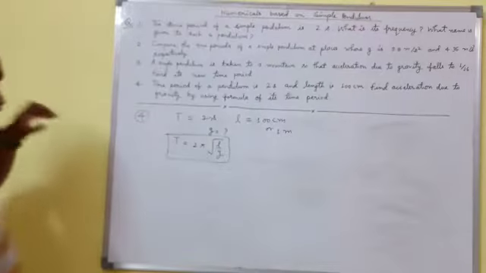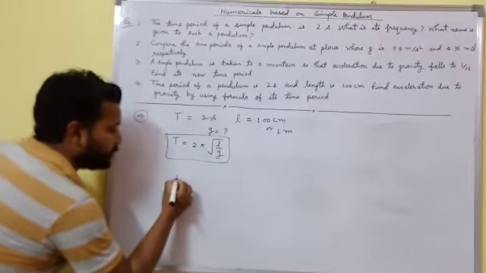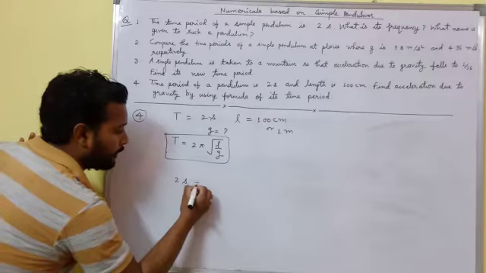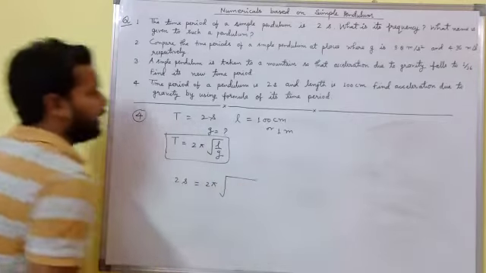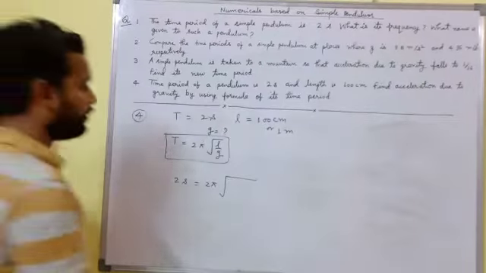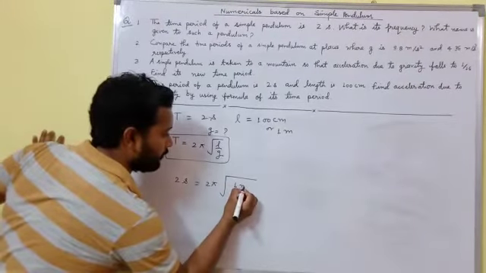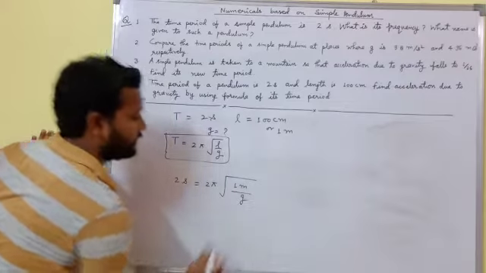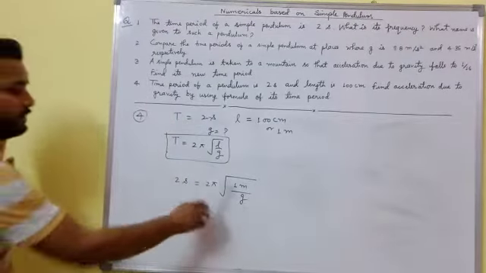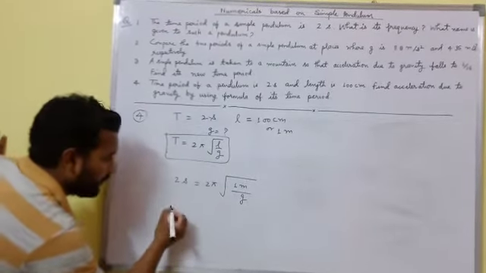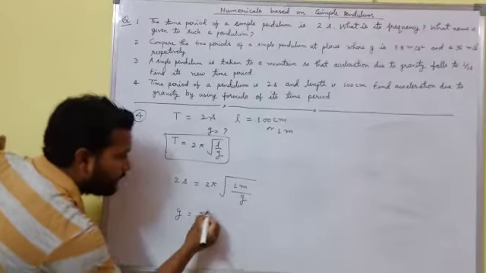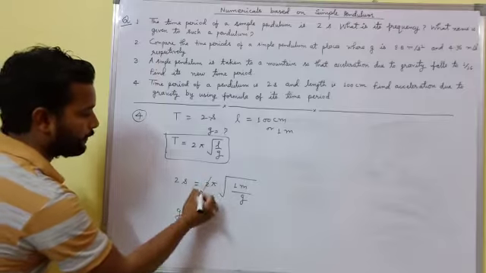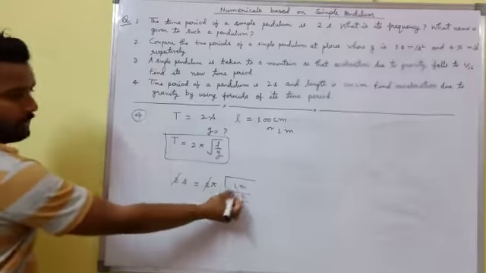Now we have the value of T, 2 seconds, equals 2 pi root L, where the value of L is given as 1 meter, upon g, and we have to find out the value of g. So 2 cancels. Now we have 1 equals pi root 1 by g.